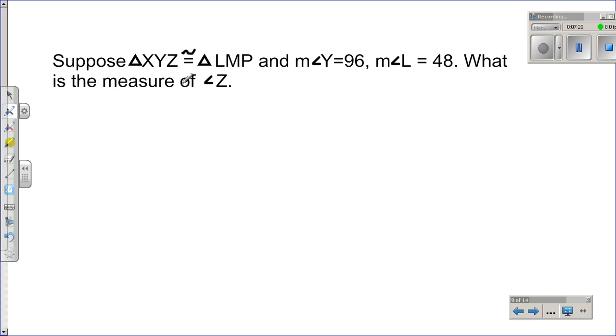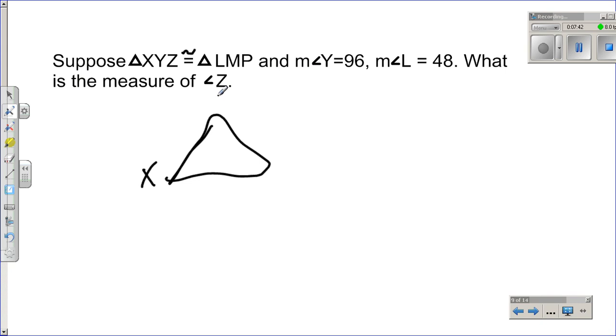Alright, this says, suppose triangle XYZ is congruent to LMP. If Y is 96 and L is 48, what's the measure of Z? What's the best way to do this? Okay, let's draw two triangles.